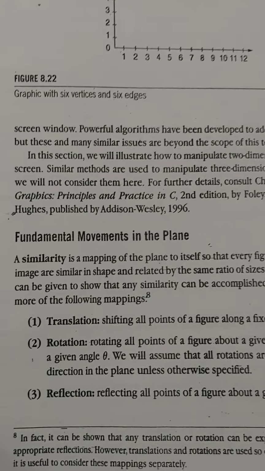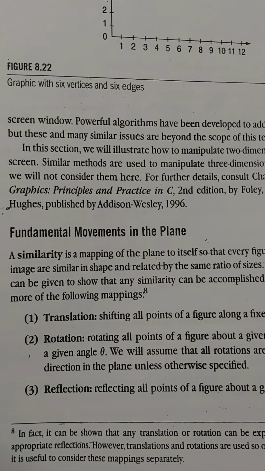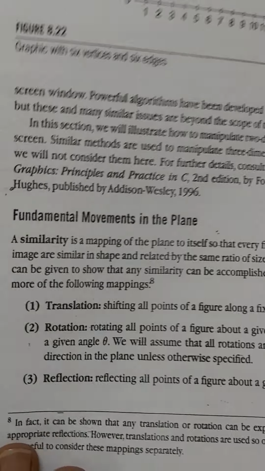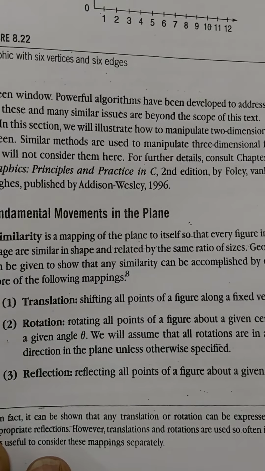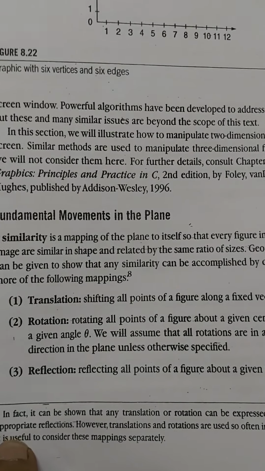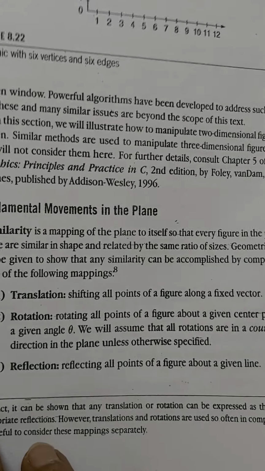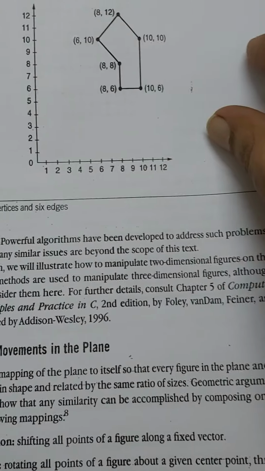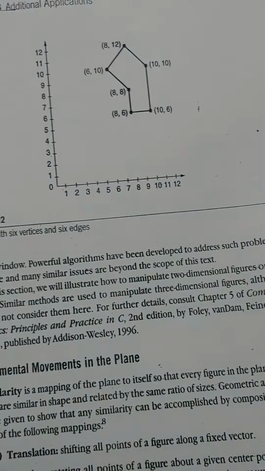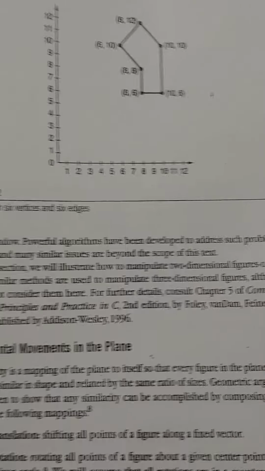It is a mapping so that the figure will map to itself. Clear? For example, see translation. Suppose we translate a figure along some vector. We are moving this figure to some other place by some x and y, translating this figure in x and y direction.